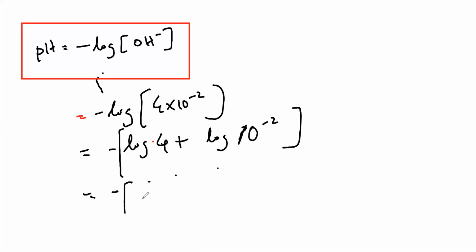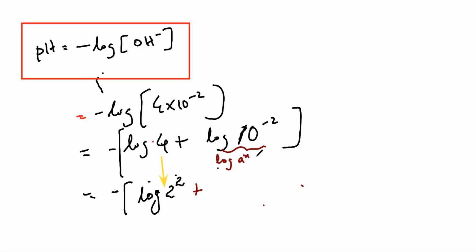And this I can write as log of 2 square. 4 can be written as 2 square. Because log 2 value we know is 0.3010. Plus this is log of A power X form.